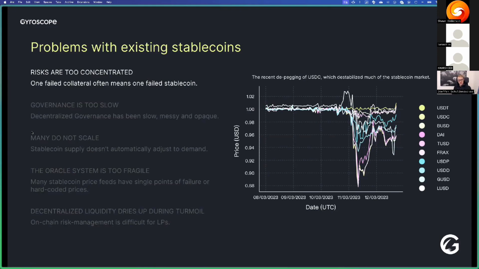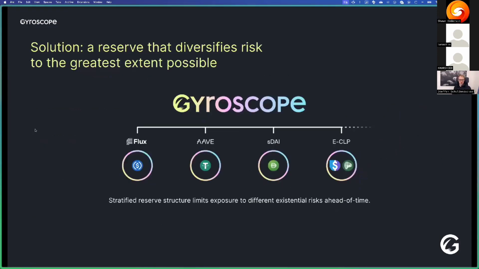Risk too concentrated. That's a core principle. We want a diversified reserve, and I'm going to show you what this looks like at launch. This can be changed by governance over time, can be extended, but this is what it looks like currently. The system has a reserve that's centrally managed. People can mint and redeem against this reserve.